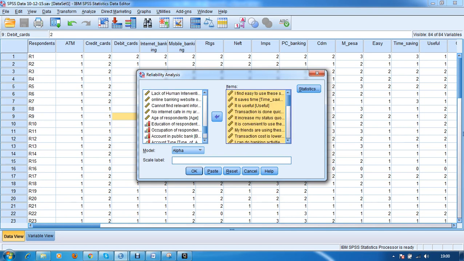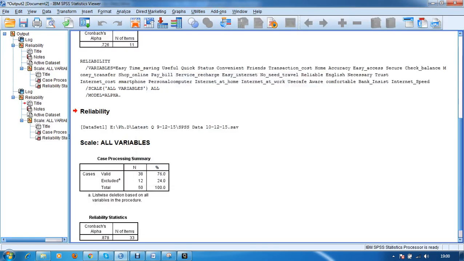I want to check whether the consistency of these variables is acceptable, good, excellent, or unacceptable and very poor. If I click OK, then I will get the output result.